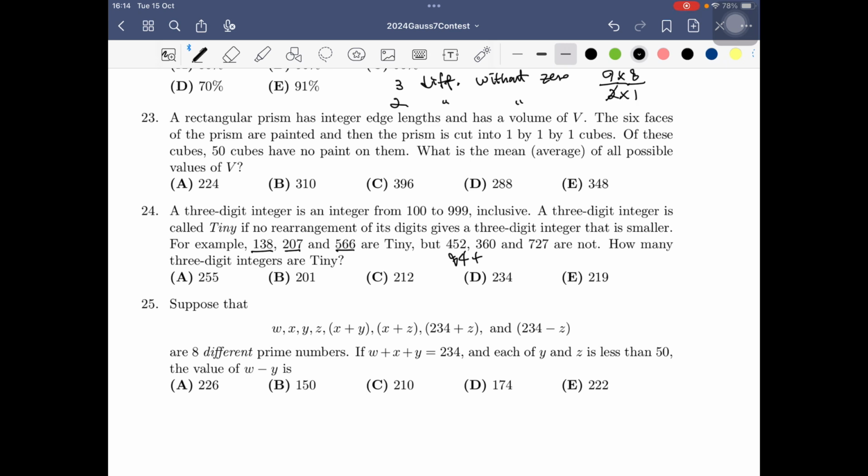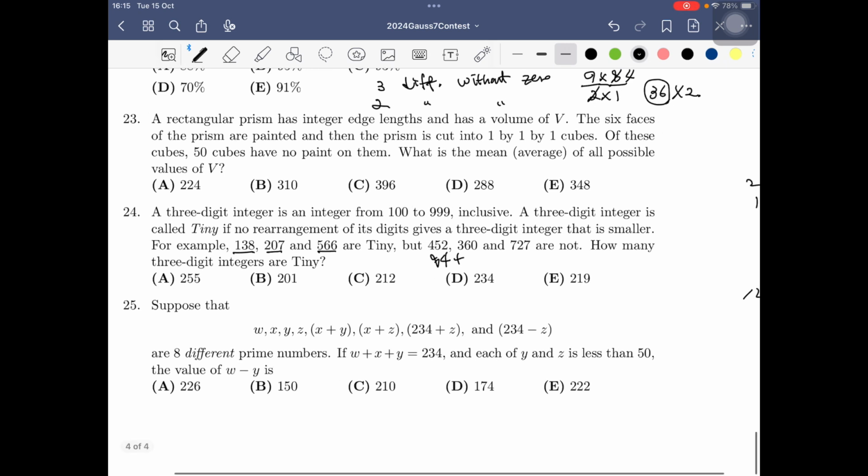So 2 times 1, so it's 36 ways. But because if we have 1 and 2, then we can make 1, 1, 2 or 1, 2, 2, actually this is not 36, we can make it 72. And only one digit, we can make it 9, because now still we are considering the digits without 0.